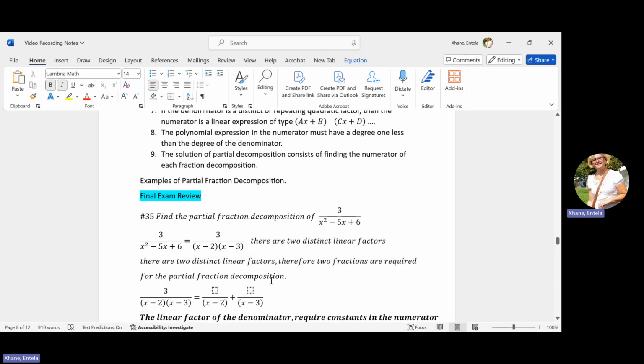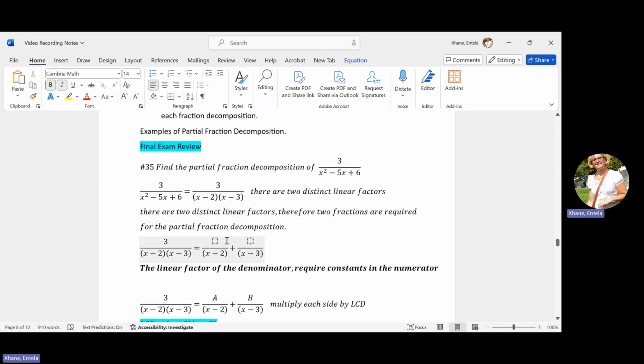Therefore, the two fractions are going to require constant at the top. So we have two factors, we need two fractions. So you see two fractions, and then you see the boxes on the top. So two fractions, one for each factor. One denominator is going to be the factor x minus 2, the other x minus 3.